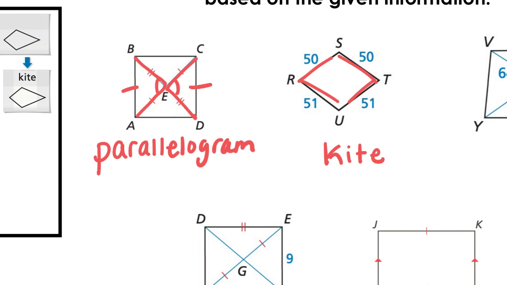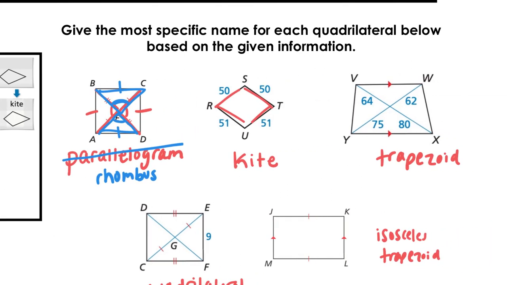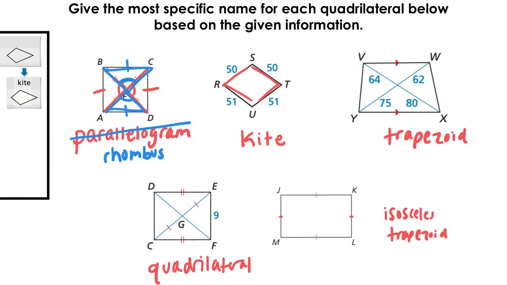Then these angles are congruent because they're vertical, which means these triangles would be congruent because of side angle side. We don't know that those are all the same. Oh yeah, they're all congruent to each other. Okay. This one, you know what? I think we can call it a rhombus. I'll think about that a little bit more, but I think specifically that's got to be a rhombus because of triangle relationships.